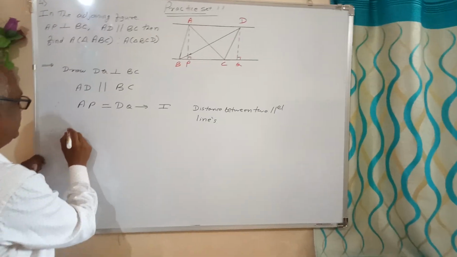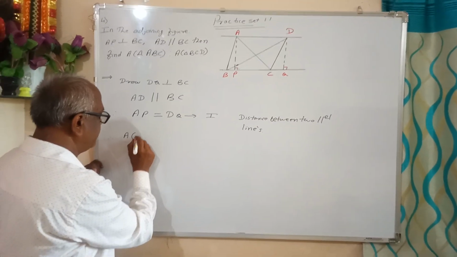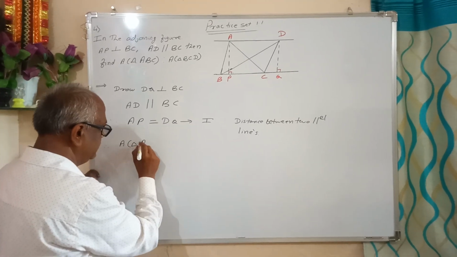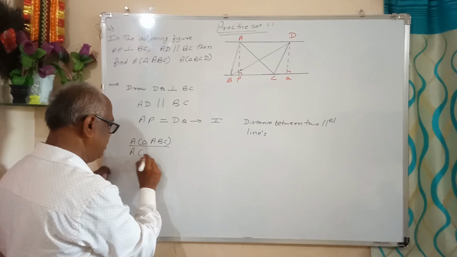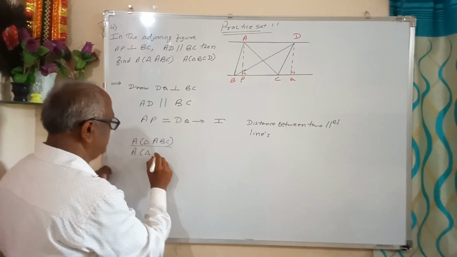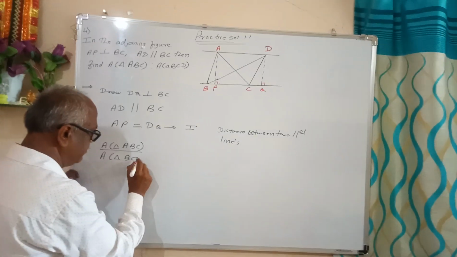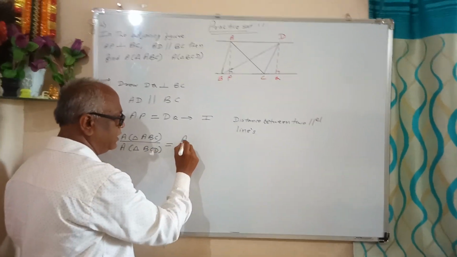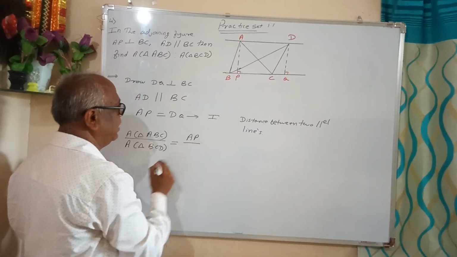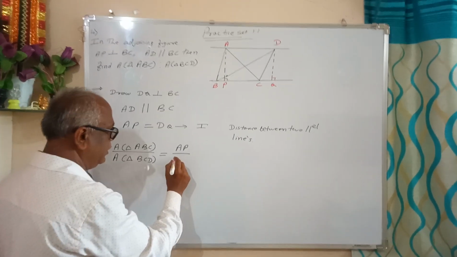Now area of triangle ABC upon area of triangle BCD is equal to AP upon DQ.